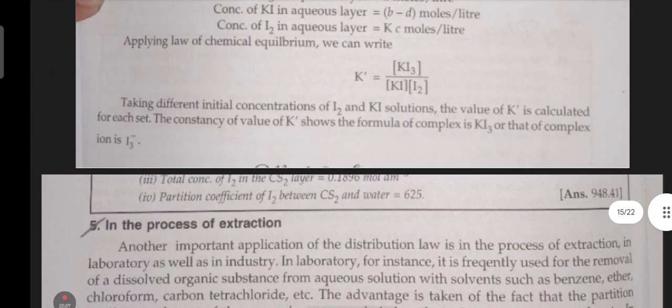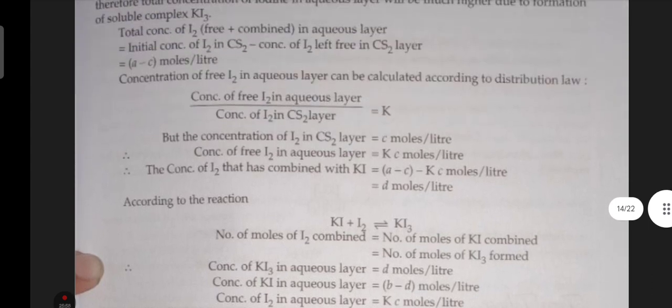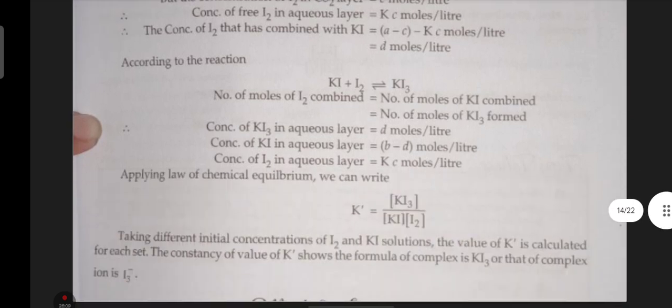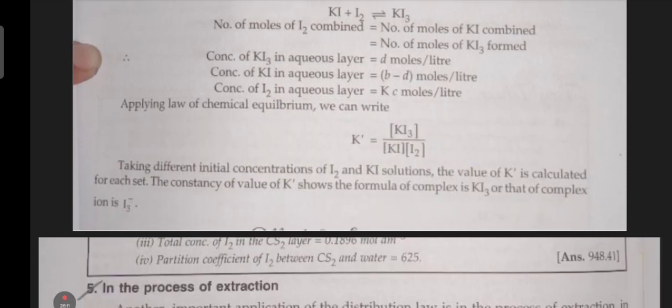After this, we will see the reaction KI plus I2 is in equilibrium and forms KI3. Applying the law of chemical equilibrium, we can write K dash is equal to the concentration of KI3 upon the concentration of KI into the concentration of I2.